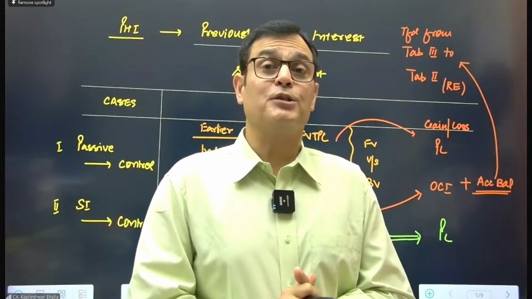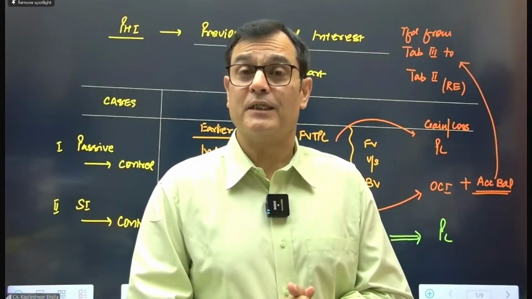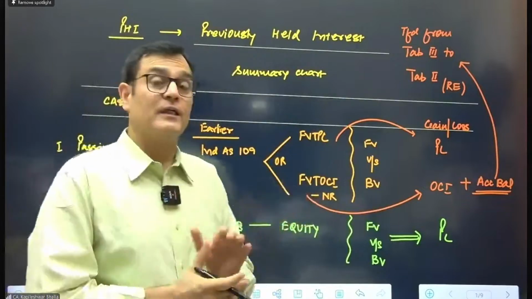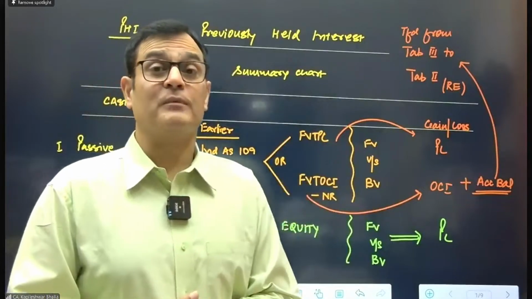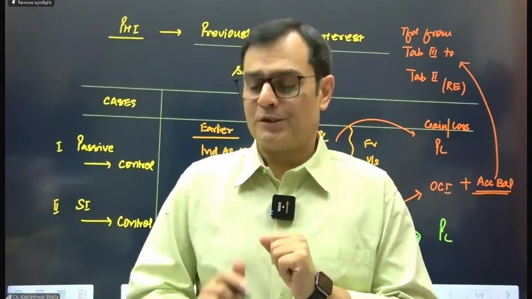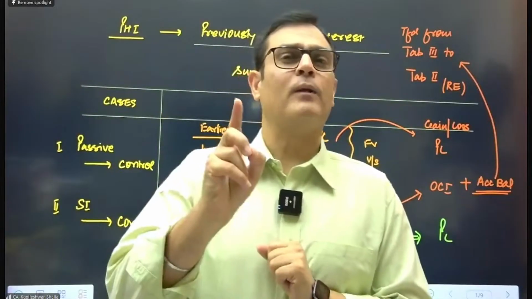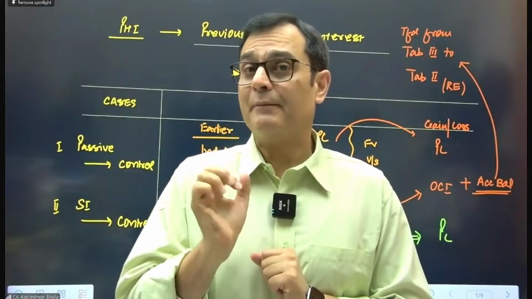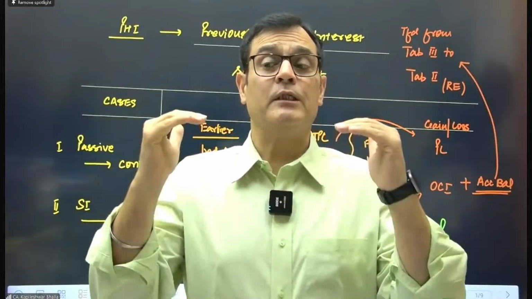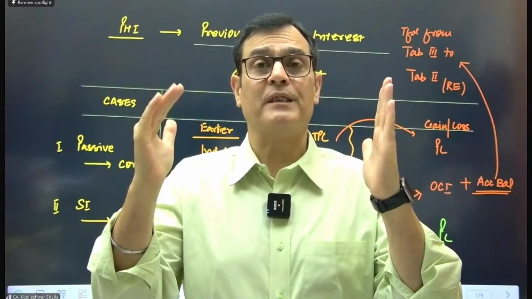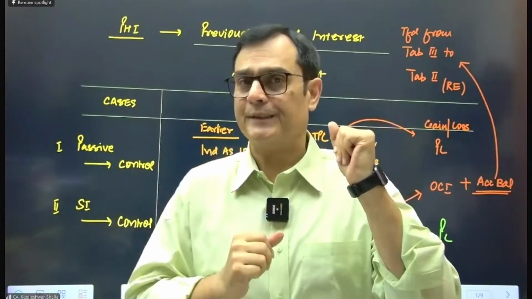Now, there are some very interesting agendas which need to be taken care of when it is a case of conversion from a significant influence to a case of control. Once you applied the equity method, you all know this very well, the application of the equity method involves the debit of the investment and the credit of the P&L or the credit of the OCI.